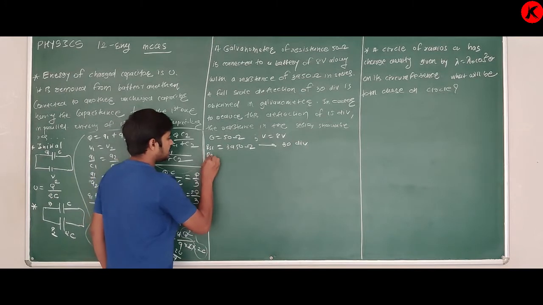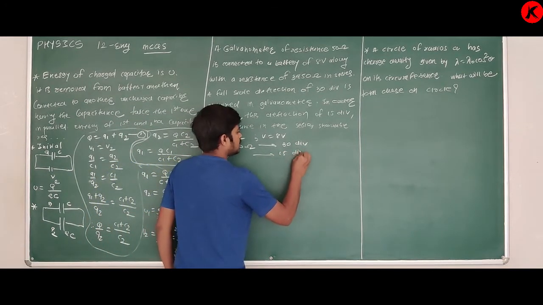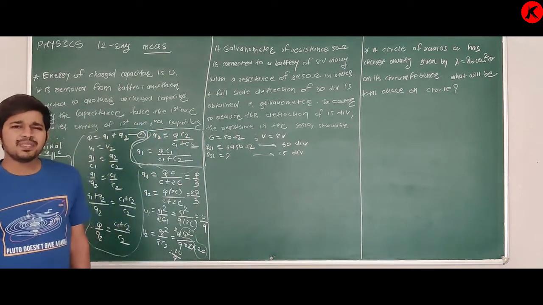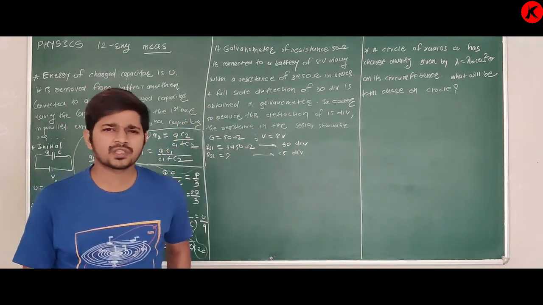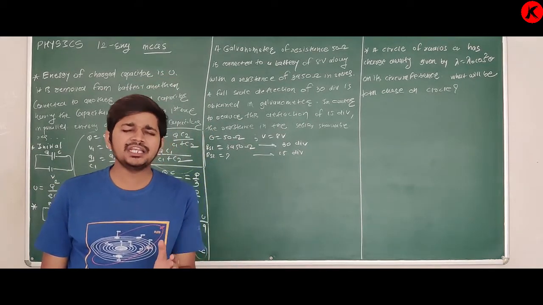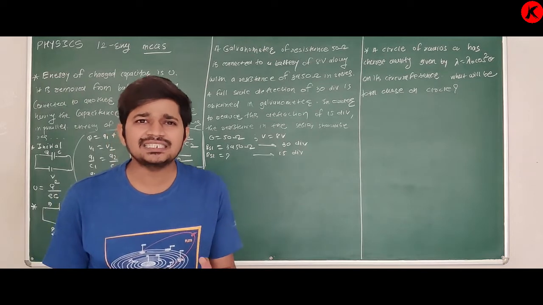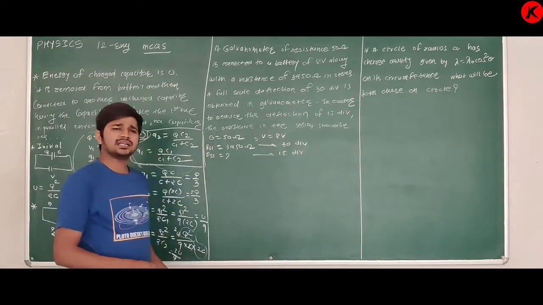RS2 is equal to question mark, so that it reduces to 15 division. Now what is the meaning of this full-scale deflection of 30 division? Full-scale deflection actually indicates current capacity, that is nothing but Ig.